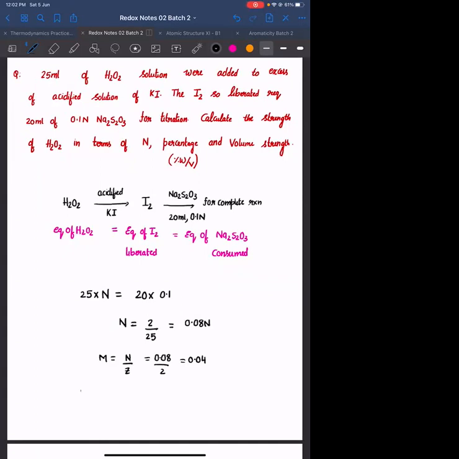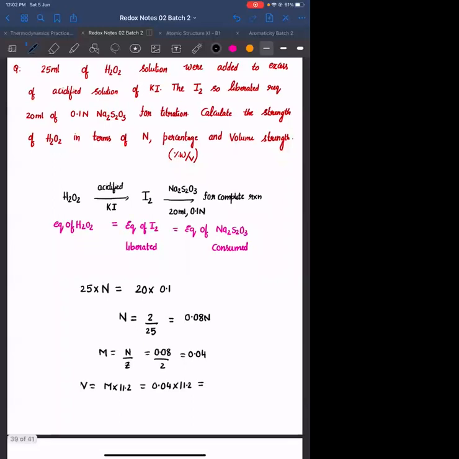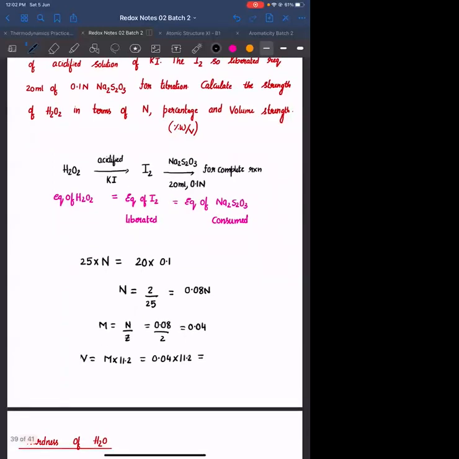What is volume strength? Molarity into 11.2, which is 0.04 into 11.2, which is equal to how much? 0.448. Yes, 0.448 volume.